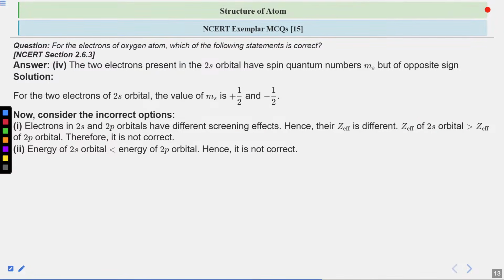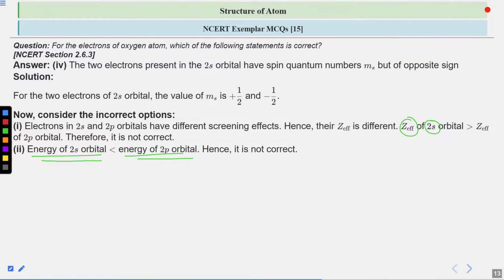It was given that the energy of 2s and 2p orbitals is the same. Now this is also incorrect, because if your 2s orbital is experiencing more Z effective, or more attractive force, its energy will decrease. As a result, the energy of the 2s orbital will be lower than the energy of the 2p orbital.